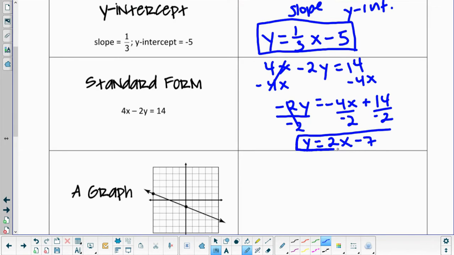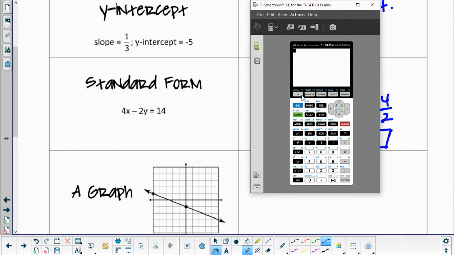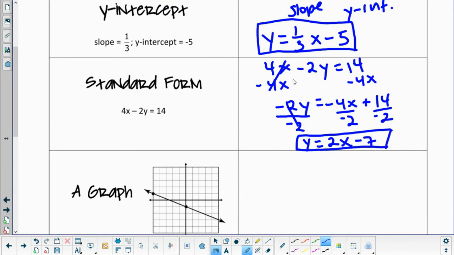So sometimes they will give it to you in standard form, meaning that it has the x and the y on the same side, and you have to change it so that way y is by itself. The way I like to think about it is if you're looking at a graphing calculator, let me bring one over real quick. When you're looking at a graphing calculator, we have a y equals button. We don't have an x minus y button. So you want y to be by itself so that way you could graph these linear functions.